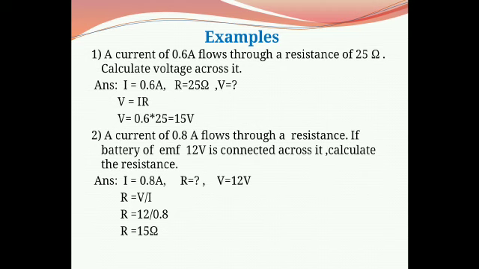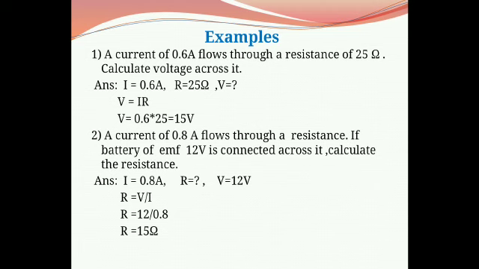Second example: a current of 0.8 ampere flows through a resistance. If a battery of EMF 12 volt is connected across it, calculate the resistance. Here the given values are I, that is electric current, 0.8 ampere.